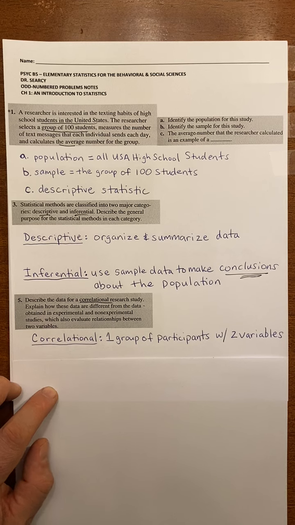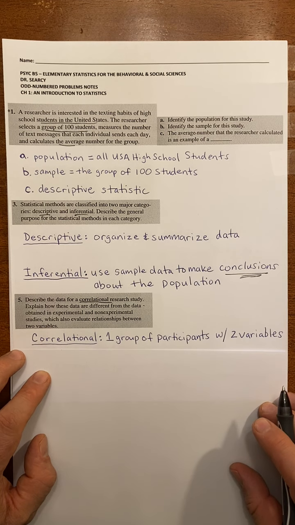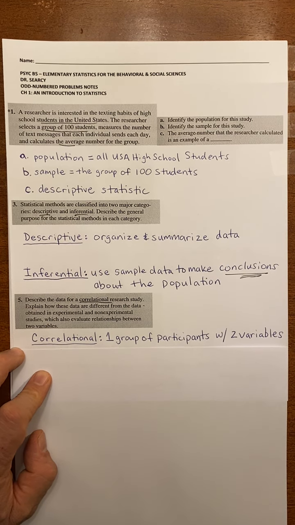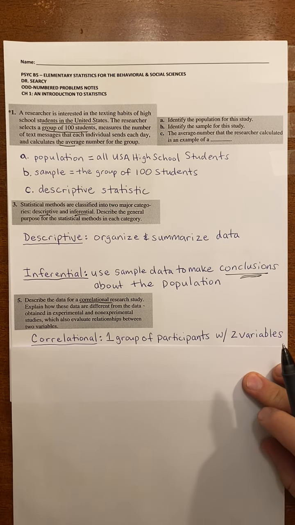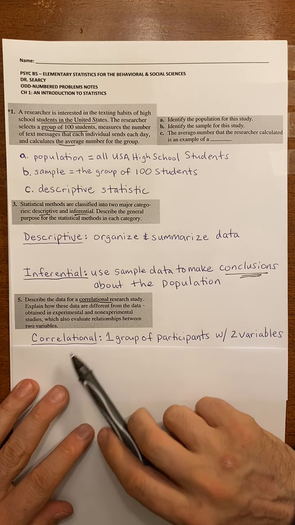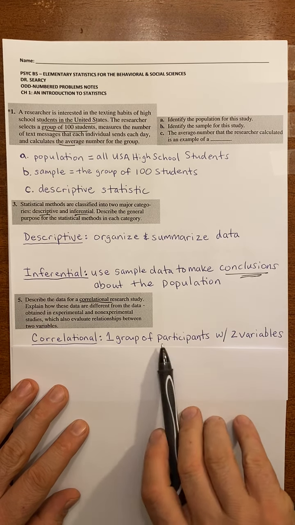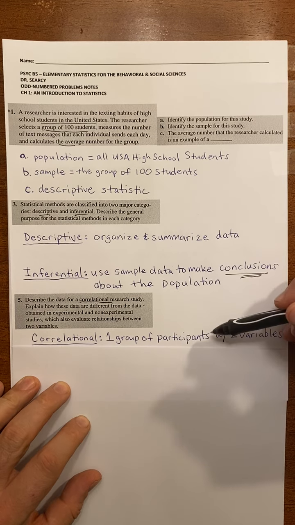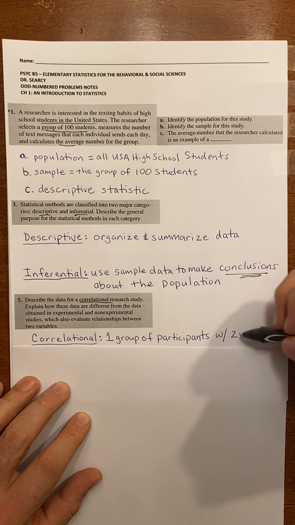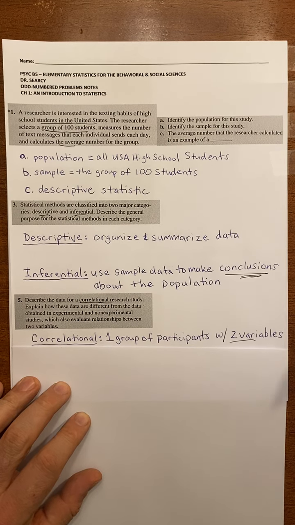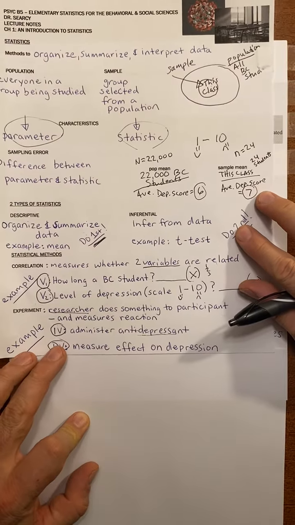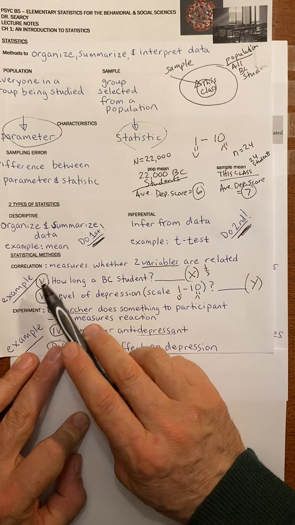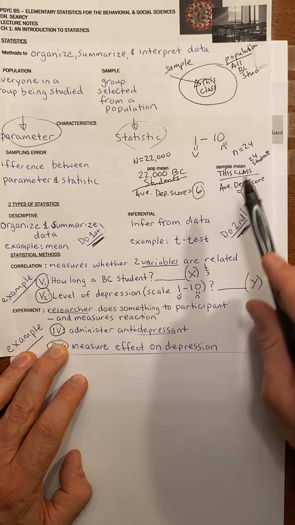And so here, we can start to use that logic to help us write the answer. The way I'm writing the answer for us here is I'm saying a correlation is where you have one group of participants and you're measuring two different variables with that one group. If you remember from our example in the lecture notes, we were looking at BC students, right?